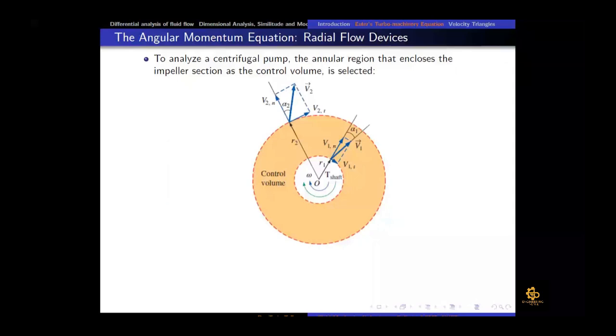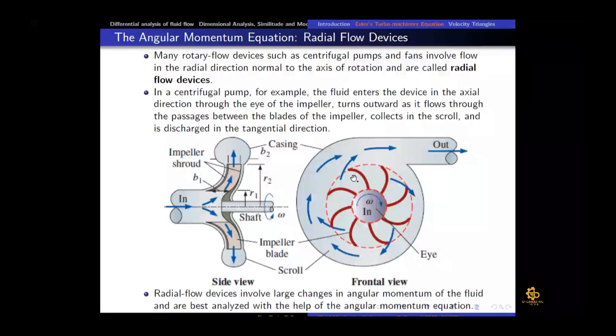To analyze this centrifugal pump, we take one at the inlet of the impeller, and this is the outlet of the impeller. By continuity, whatever mass flow rate comes in is the same mass flow rate at the end of the rotor blades.